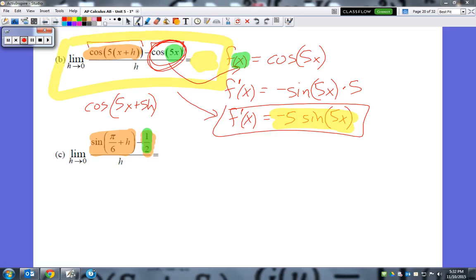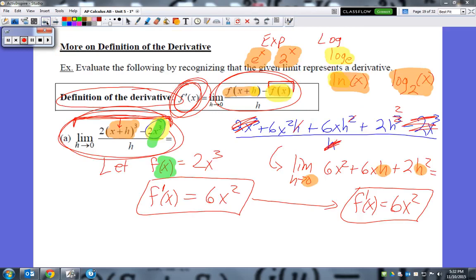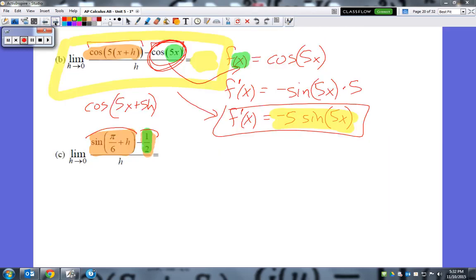So I said it's f of x plus h minus f of x. The only difference that exists in between the two, and I said it way back here, was this h term. So let's find this h term right here. That's the only thing, quote unquote, different between f of x plus h and f of x. So that means this is sine of x plus h minus, technically, sine of an x.